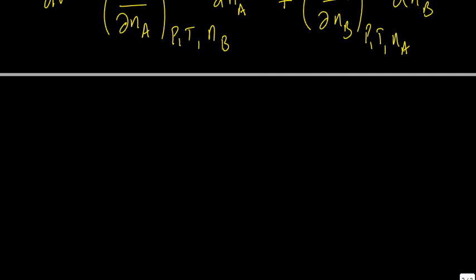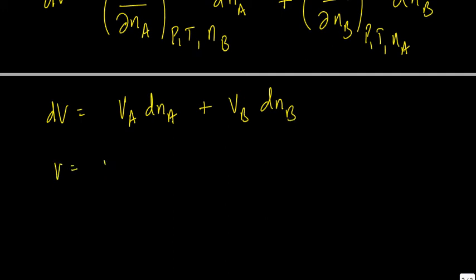But now if I want to calculate this, I can actually write dV is equal to the partial molar volume of A times dNA plus the partial molar volume of B times the change in the number of moles of B, and then I would like to integrate it to see what is the total volume of the mixture, right?